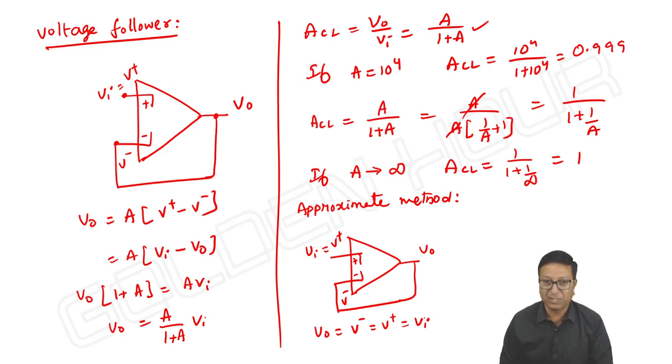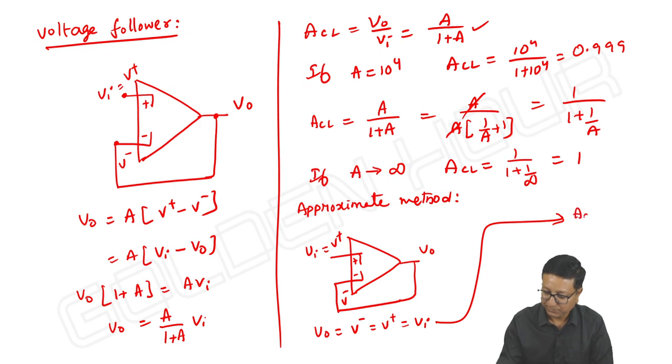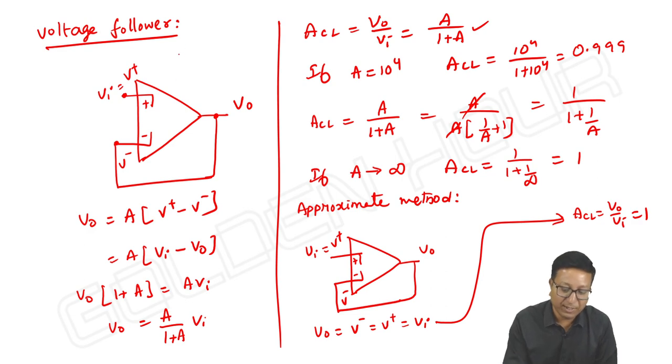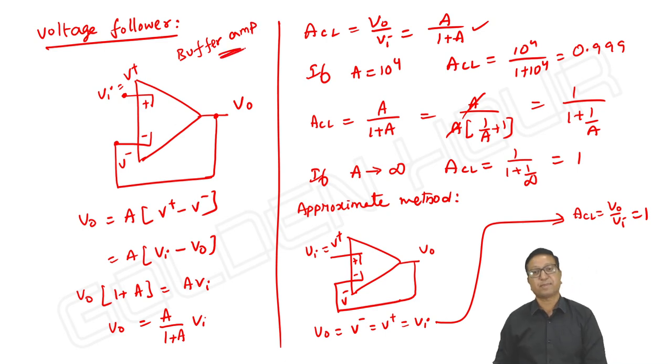As A is approaching infinity, V minus is equal to V plus, and the closed loop gain is 1. Voltage follower, or I can write it as buffer amplifier. It's as simple as that.